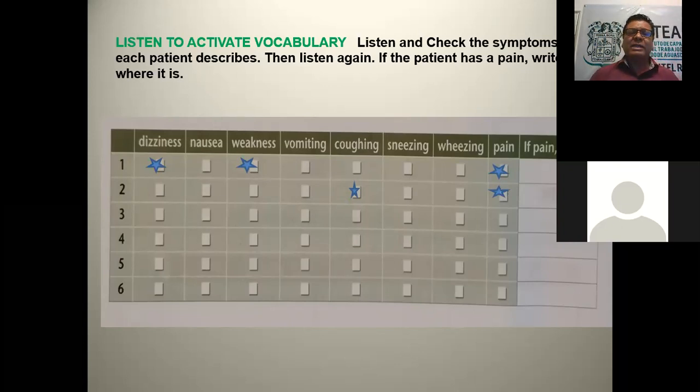Okay. How does she feel? She feels sneezing. She feels sneeze. Oh, or she is sneezing. What else? Sneezing, and she has pain in the back. She has a pain. No problem. She has a pain.